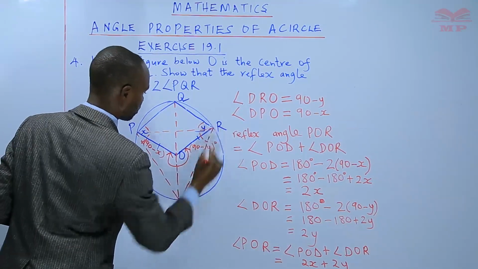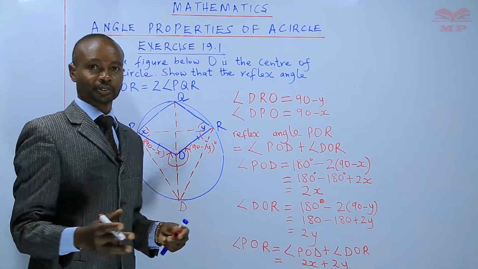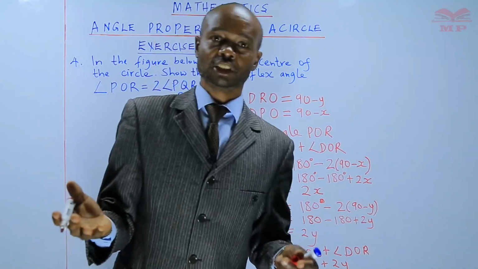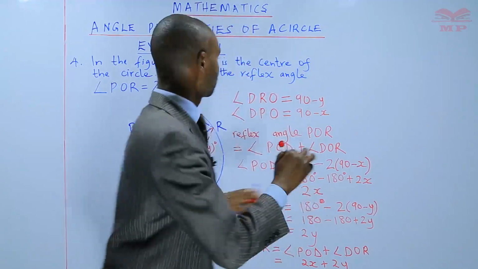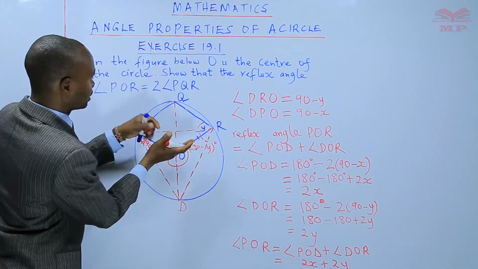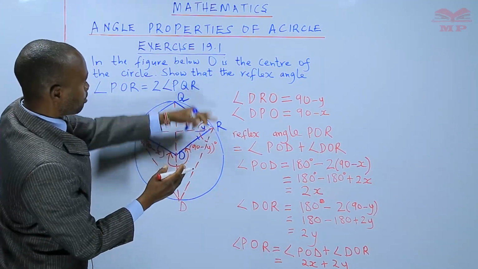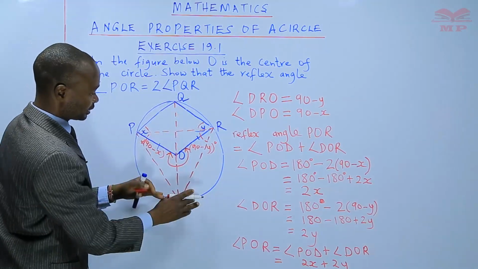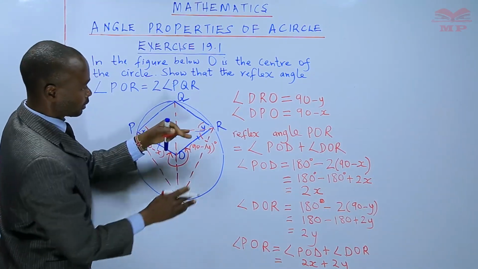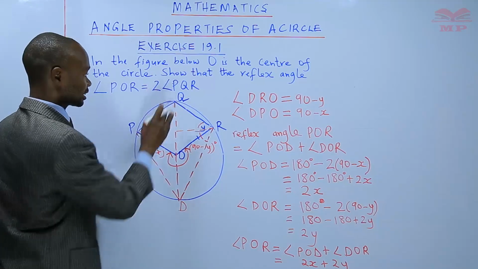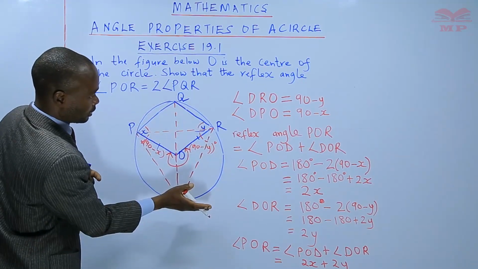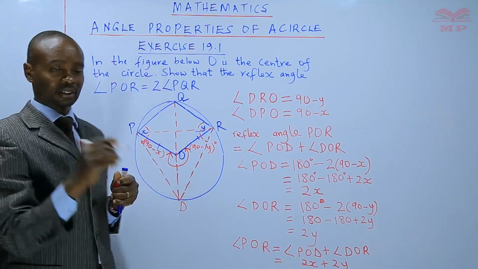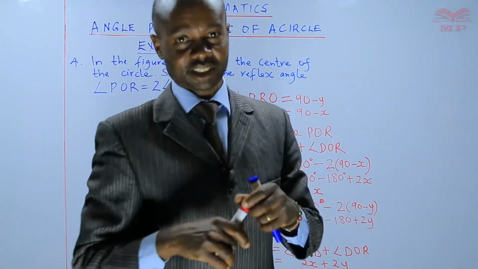Once you introduce a chord in a circle, it will cut that circle into two regions. And if you look at the regions, we have the region above here is smaller than the region below. So the smaller region acquires the name minor segment, and the bigger region acquires the name major segment.